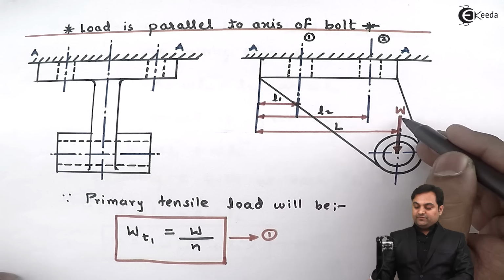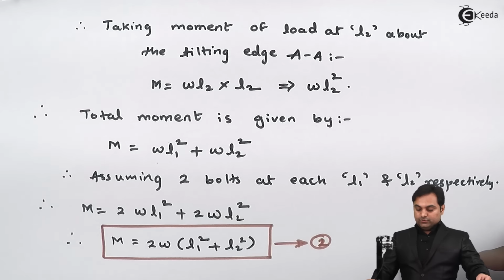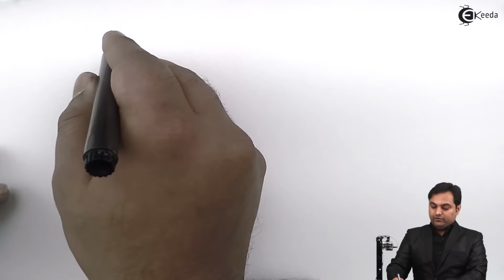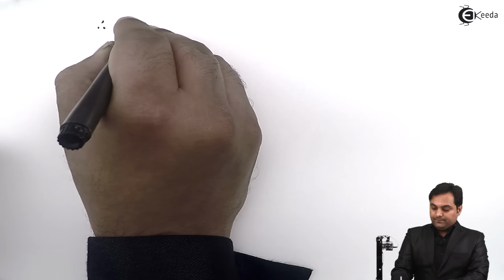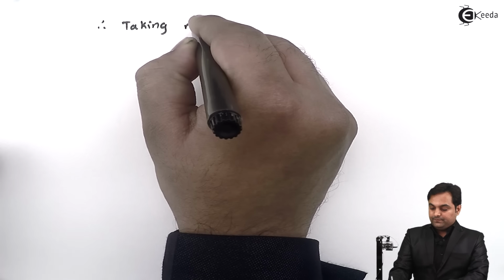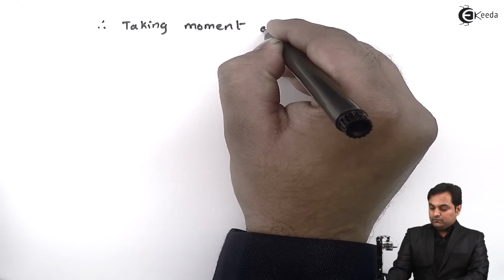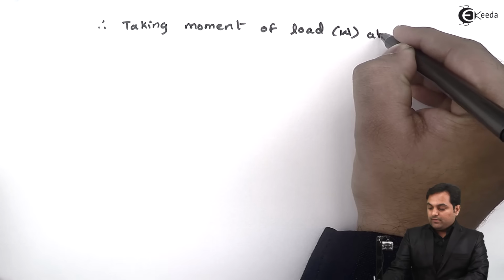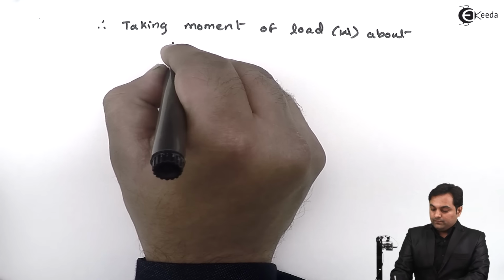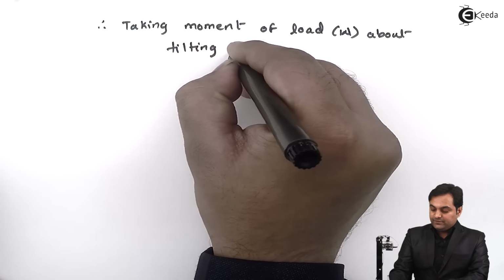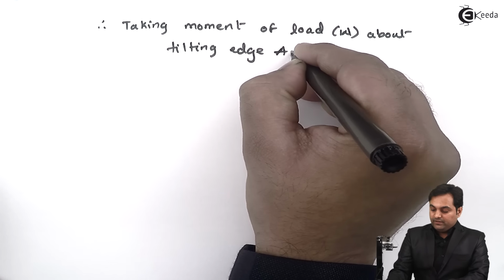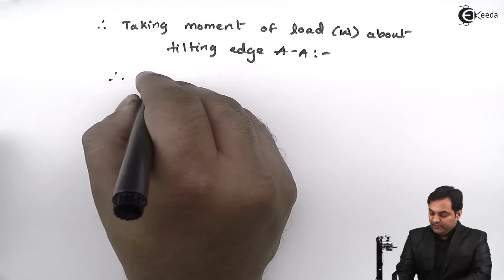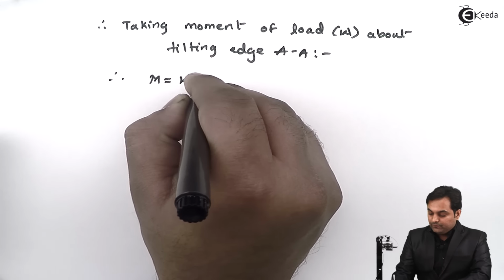This will be capital W into L. So after this I'll say that therefore taking moment of load capital W about tilting edge AA. So therefore M will be equal to W into L.